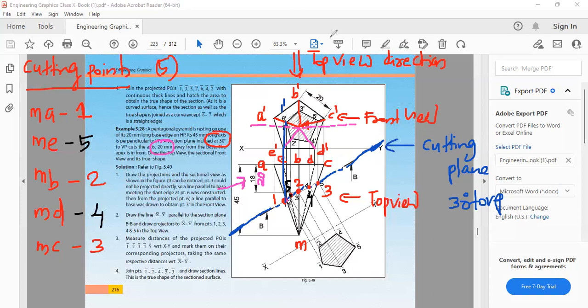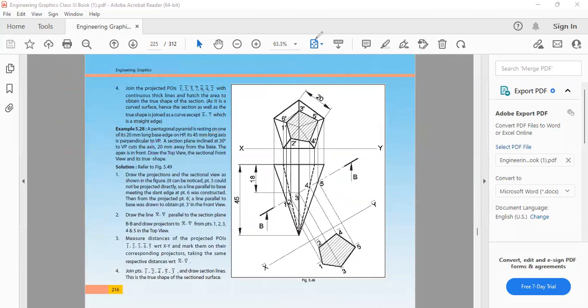I will clear this first, then only you can understand. First you draw a center line through the apex in the front view. Then take this as center, the slant edge as radius, and draw an arc to the center line.